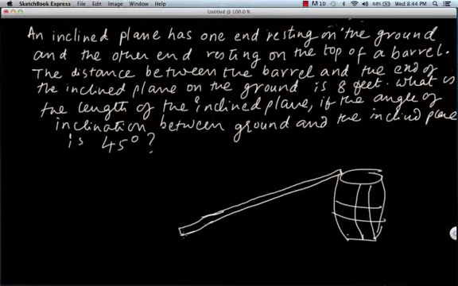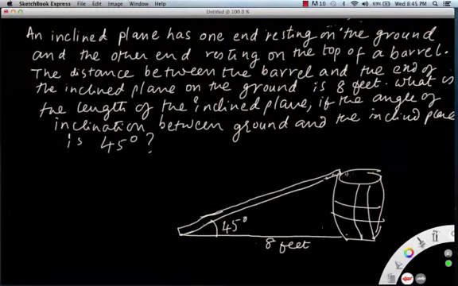So the distance between the end of the ground and the barrel is given as 8 feet. And we are also given the angle of inclination between the inclined plane and the ground is 45 degrees.